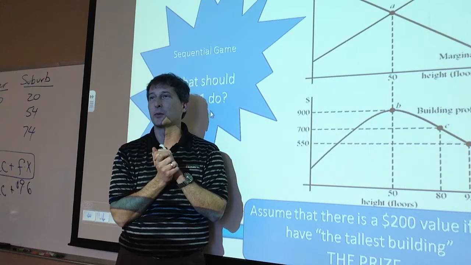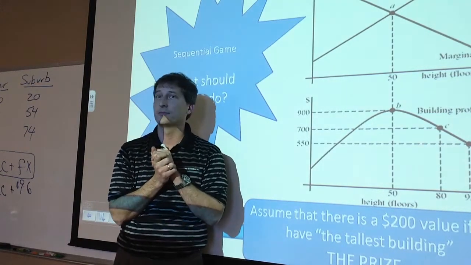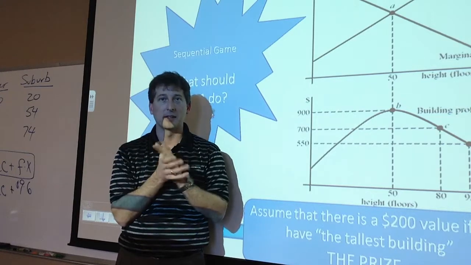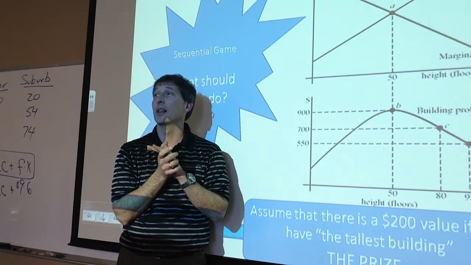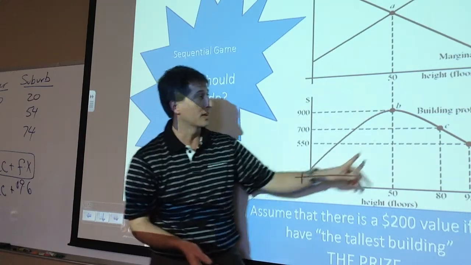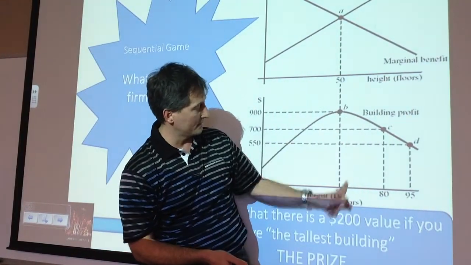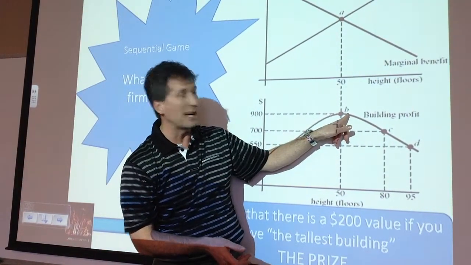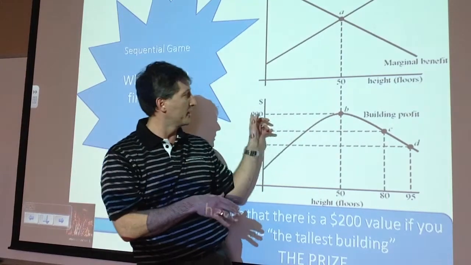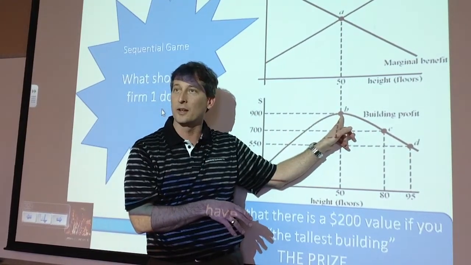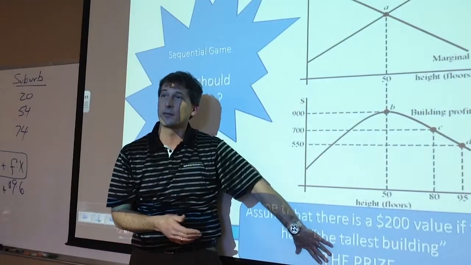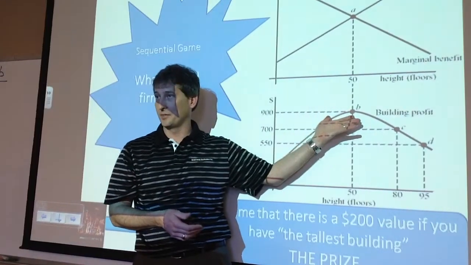What's the profit approximately? Approximately 1,100, right? You're a little bit off on size here, but not too far off. It's a little under 9 if that's the profit maximizing point, plus the $200 prize. So you're really making about 1,100.